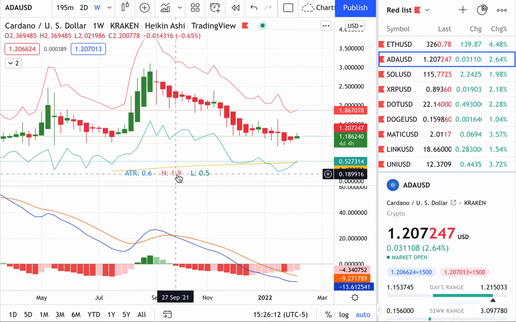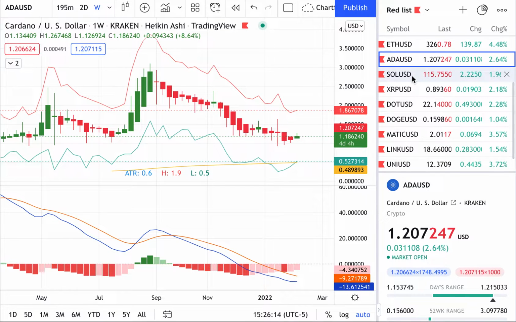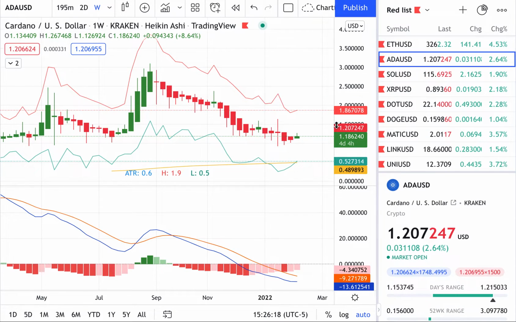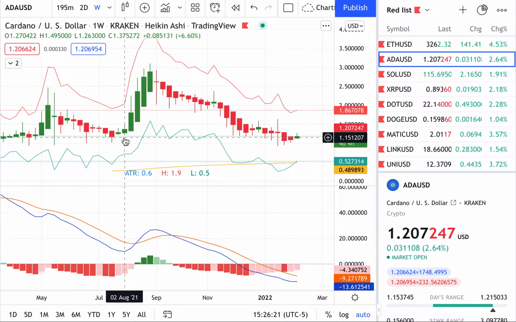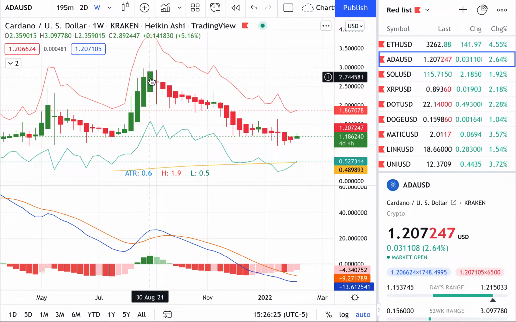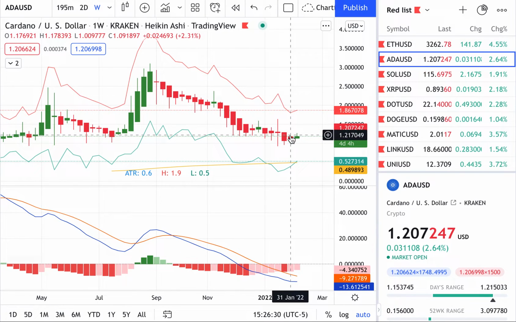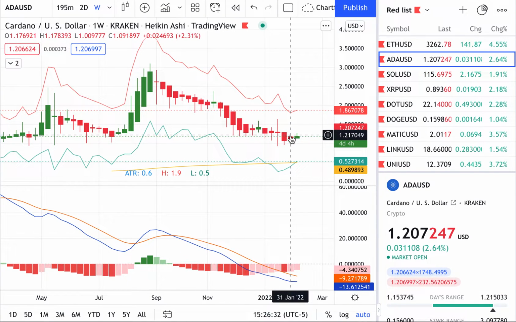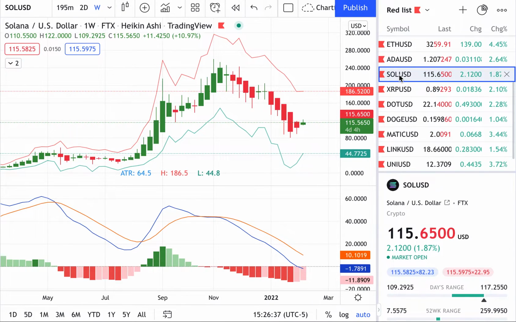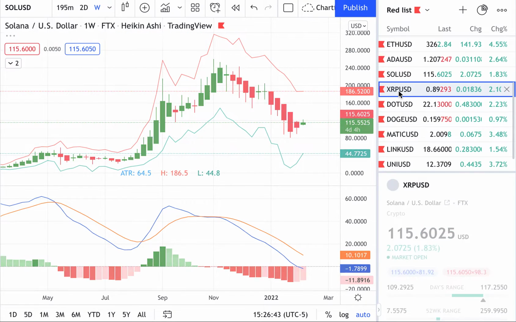Some of these charts are so new that you don't have a lot to backtrack. But as you look at Cardano, make sure we're on the weekly. Yeah, we're on the weekly. It had a nice bump up there back in August. And then, of course, everything trundling down. You saw that happen with the entire crypto market. It's like Bitcoin sort of leads the way down and can lead the way up. We look at Solana. Again, you can see that down movement maybe trying to come to an end.